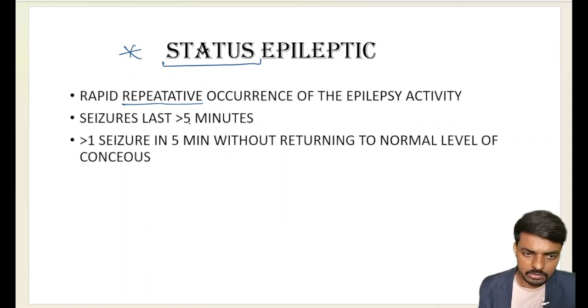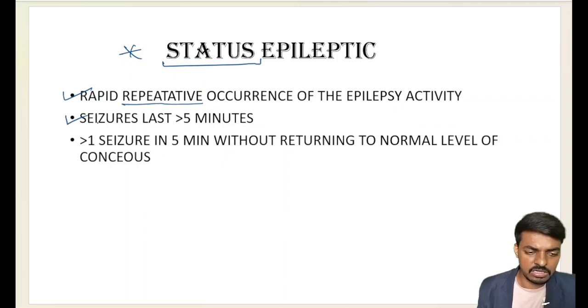Status means a rapid repetitive occurrence of any disease. Here we are adding status with epilepticus. Epilepsy is the recurrent occurrence of the seizure, but when the recurrent seizures are very severe and suddenly repetitive, that is what we call status epilepticus.